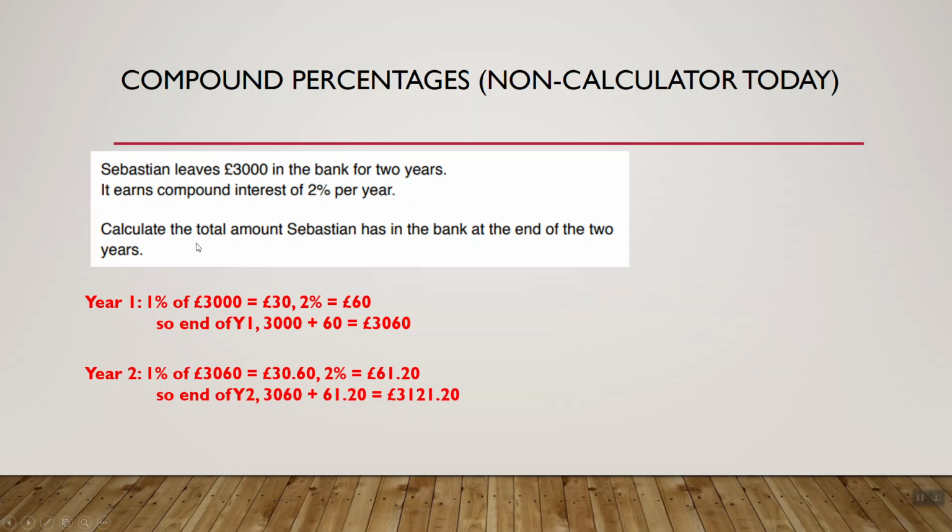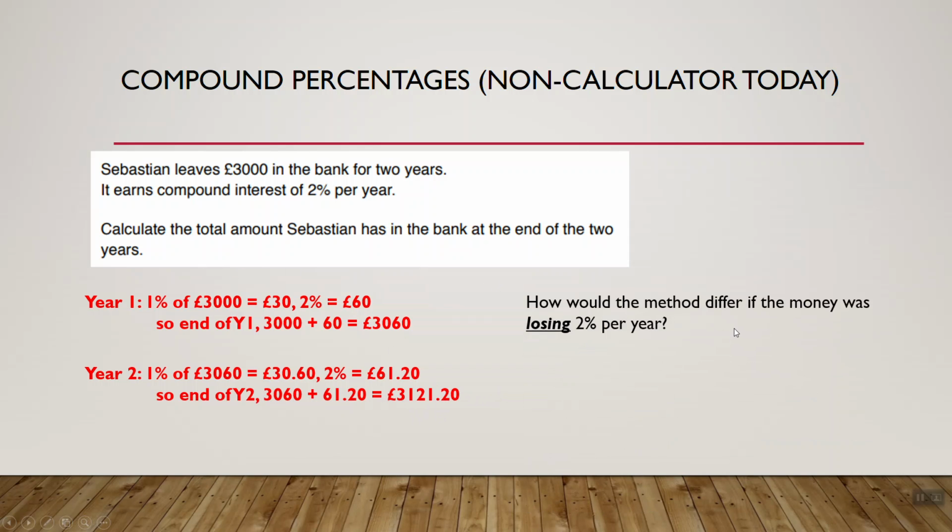Go back and read the question carefully, because sometimes the question will ask how much interest he has earned, in which case the answer would have been £121.20. Other times it will ask how much is in the bank, and that's exactly what this question is asking. So the answer is £3,121.20.